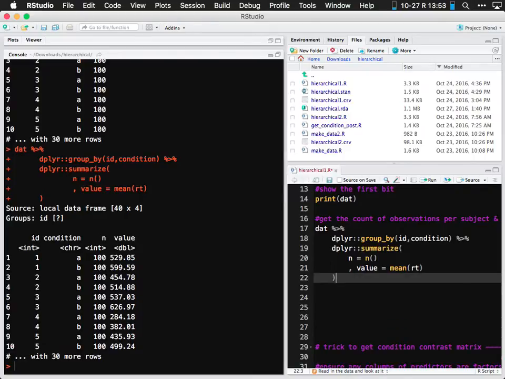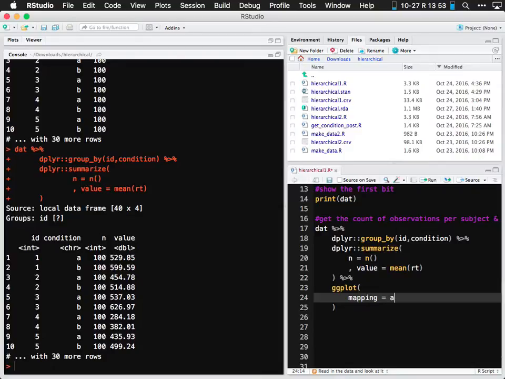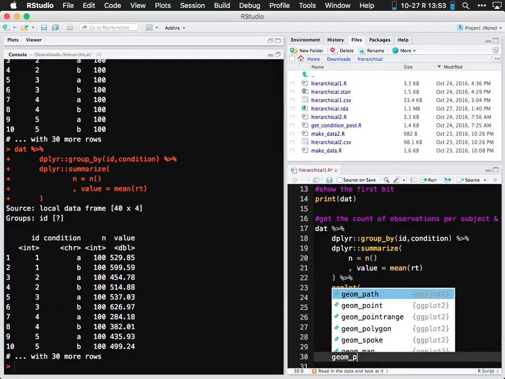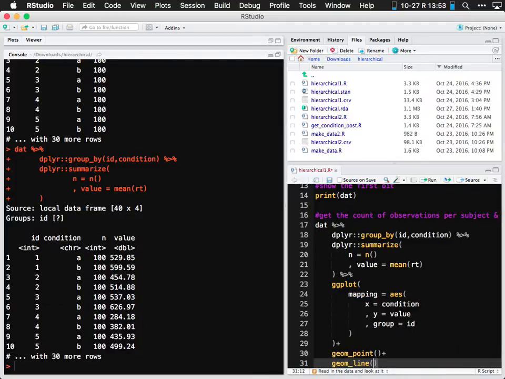I'm just going to do it quickly just to show you that we could pipe that to ggplot and say on the x-axis put condition, on the y-axis put value, and group by ID, geom point, geom line.